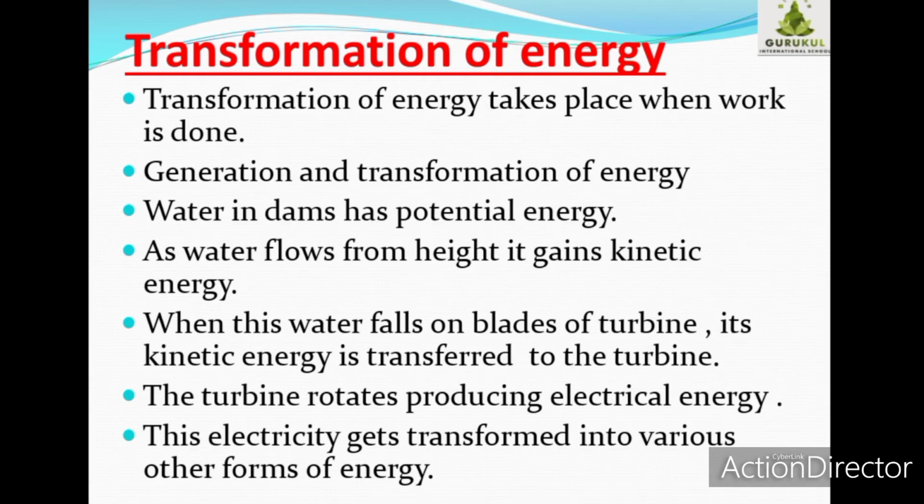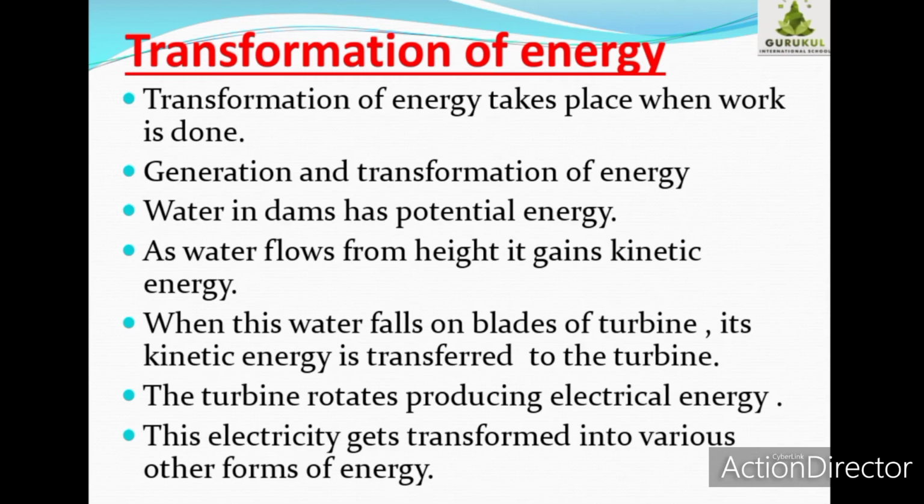And when the water falls on the blades, what will happen? The turbine will start rotating, and with the help of the rotation of the turbine, it produces electrical energy, and this electricity gets transformed into various other forms of energy.